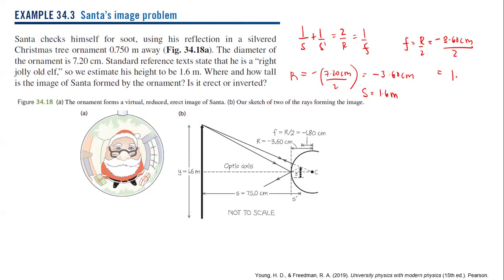So this is negative 1.80 centimeter. That is the value of F. Okay. Where and how tall is the image of Santa? So let's answer first: where is the image? What is s prime? To look at the s, so it should be 2.